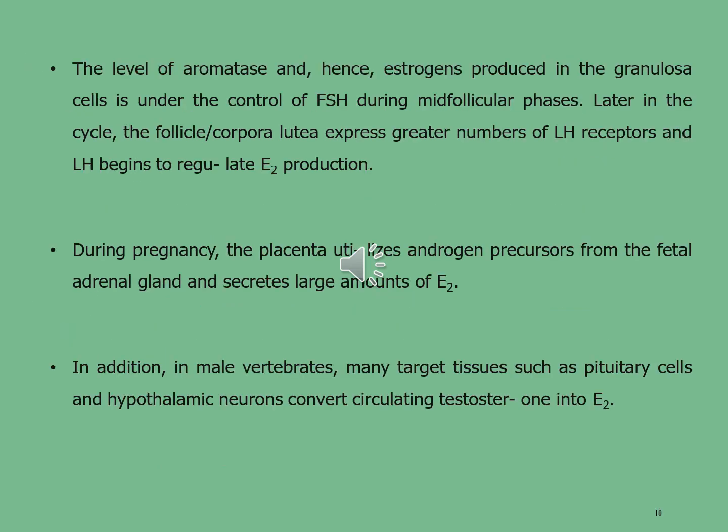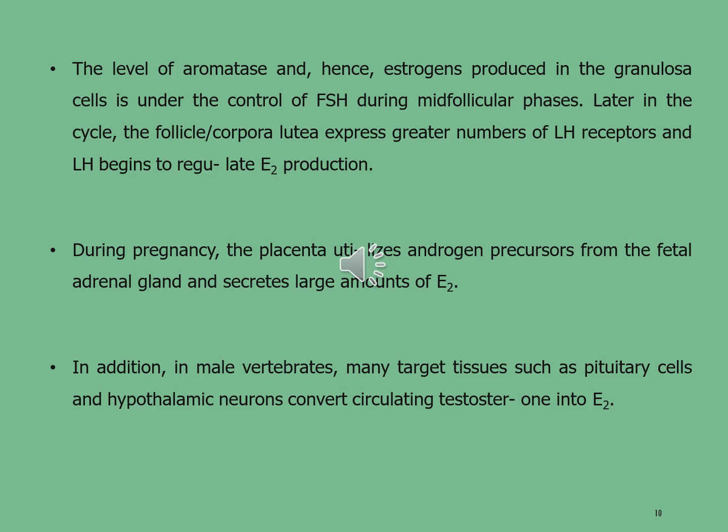The level of aromatase, and hence estrogens produced in the granulosa cells, is under the control of FSH during mid-follicular phases. Later in the cycle, the follicle corpora lutea express greater numbers of LH receptors and LH begins to regulate E2 production.